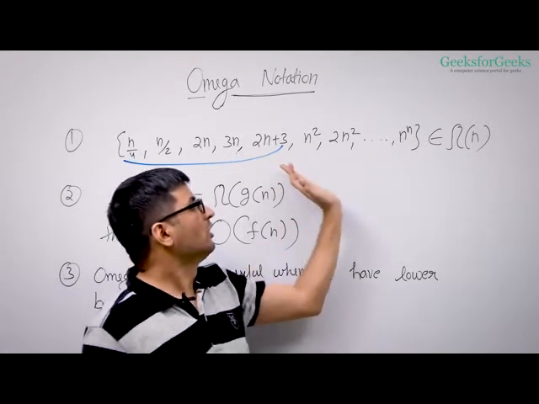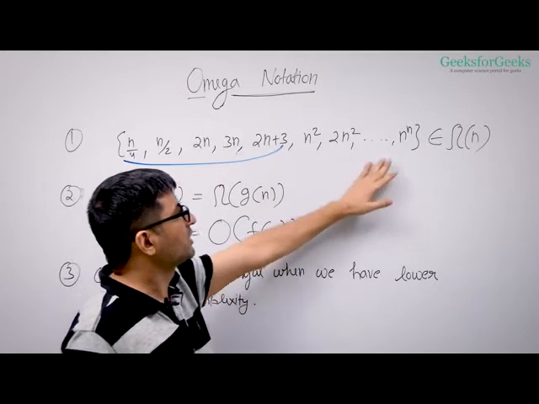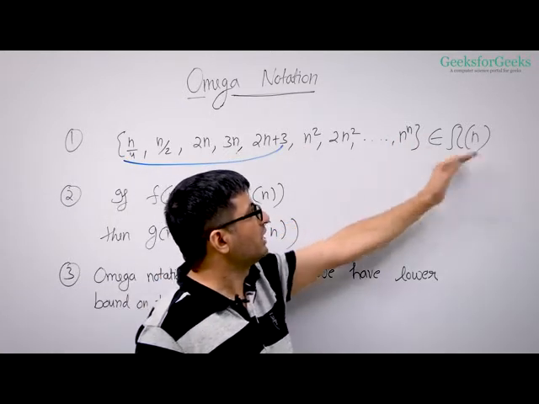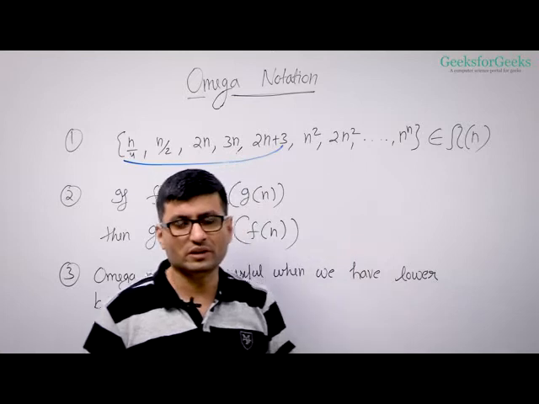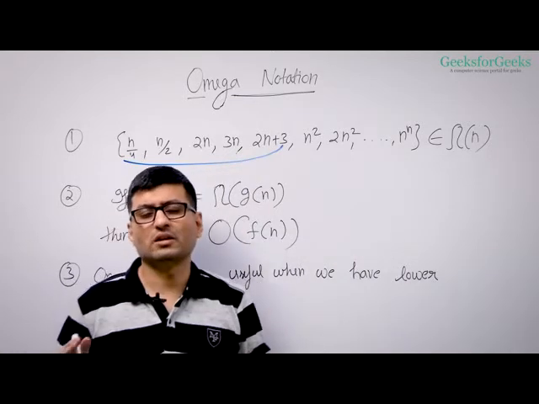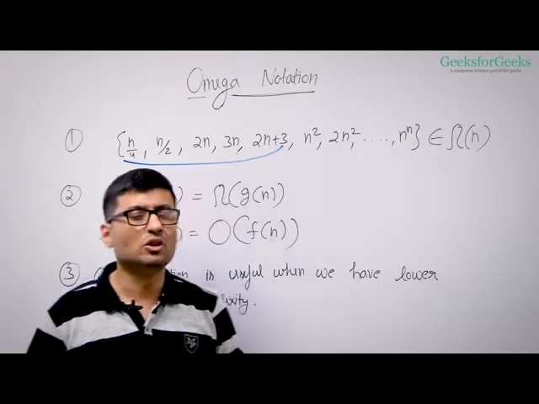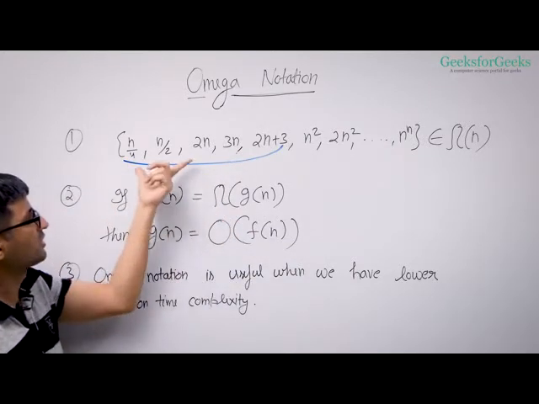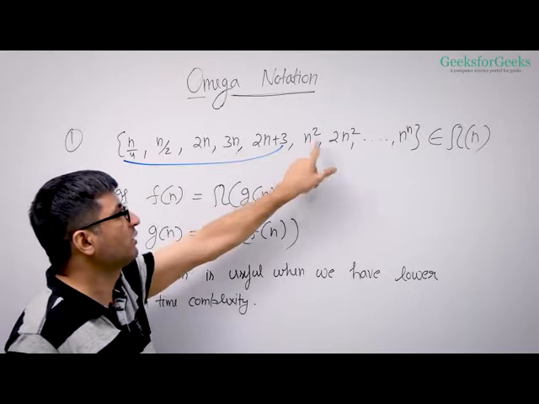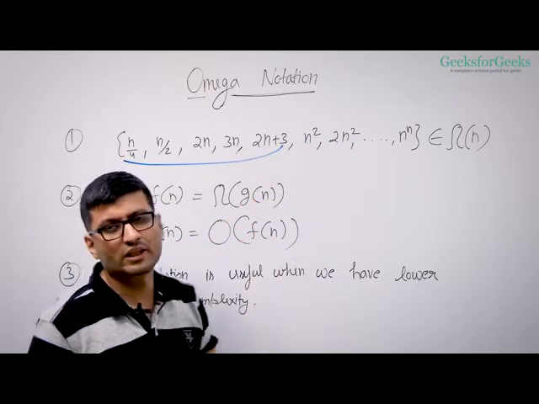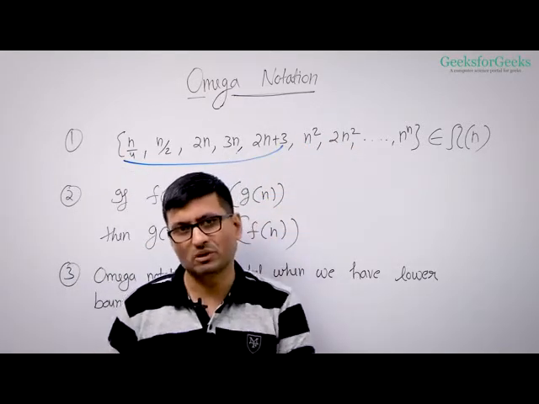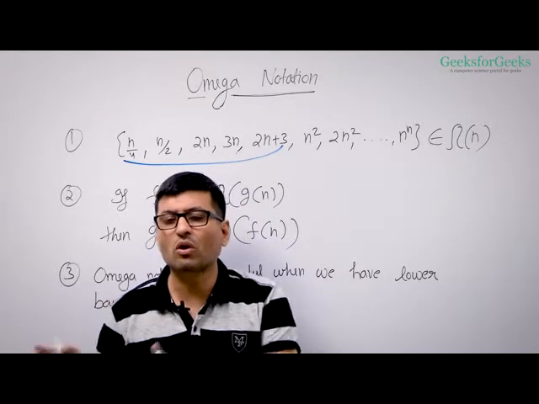So anything which has order of growth higher than n is covered in omega of n. But in general, it's a good idea to use the tight bounds. Use omega n only for functions of this form and use omega n square for functions of this form. In general, we should be using tight bounds, whether we are using big O or big omega.